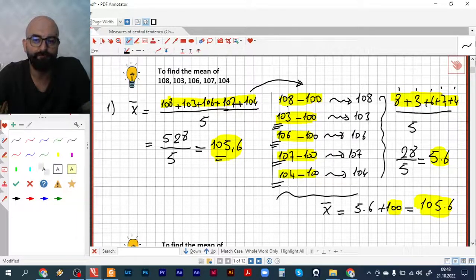If we take 100 less than all data, for example, 108 minus 100 becomes 8, and 103 minus 100 becomes 3. So we get 6 and 7 and 4, and we can use these small data instead of the before data.